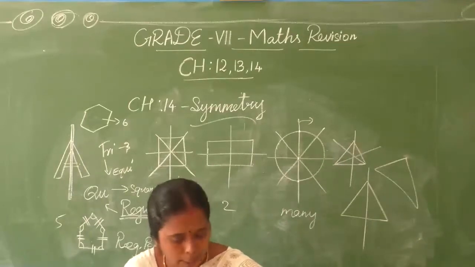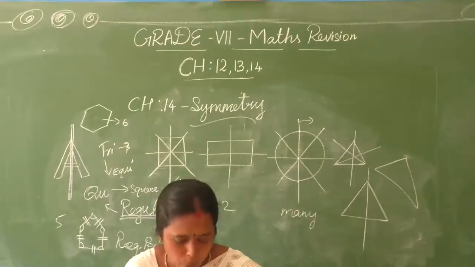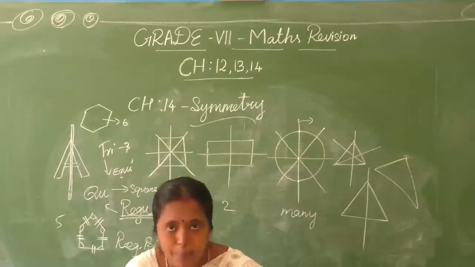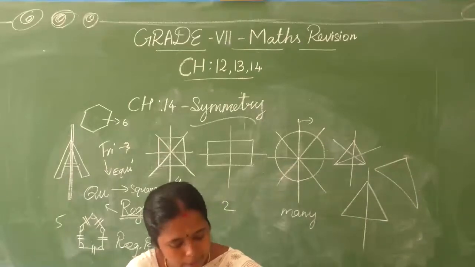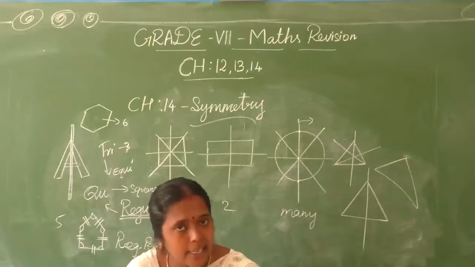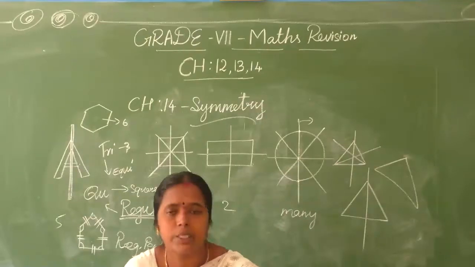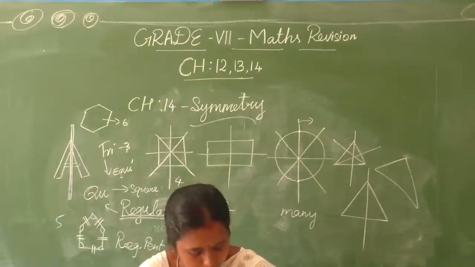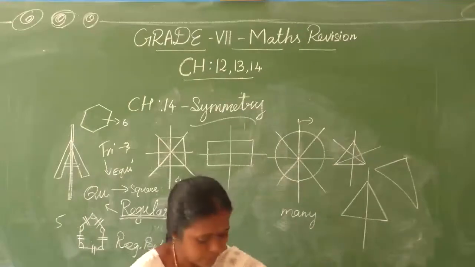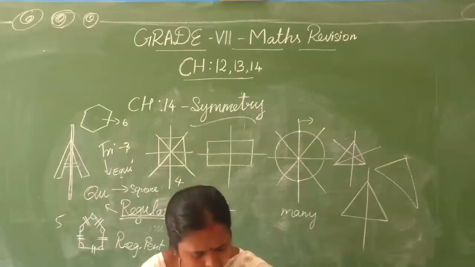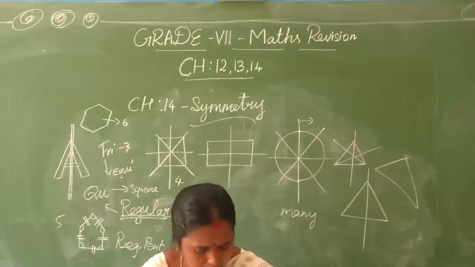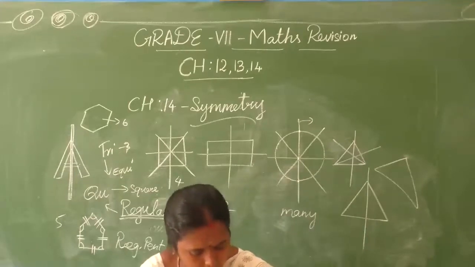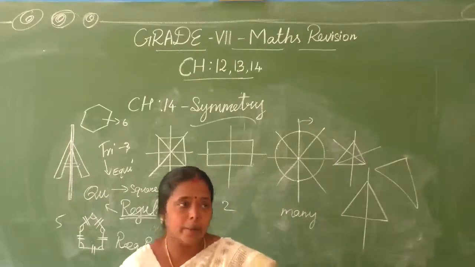Rectangle, 2 lines of symmetry. Rhombus, 4 lines of symmetry. Parallelogram, no lines of symmetry. Quadrilateral, no. Regular hexagon, the word regular came, so 6 lines of symmetry. Circle, many. Understood? Then, alphabets based on mirror reflection are given: which will come vertically, horizontally, or both.